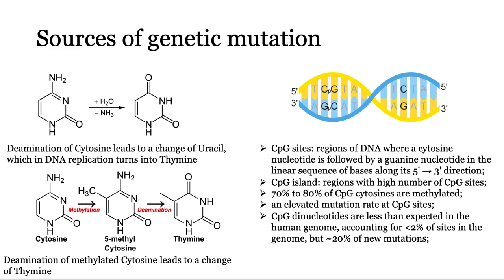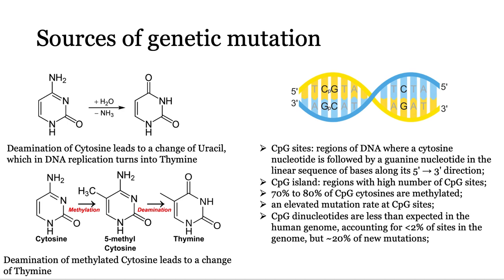CpG site, when we look at the genome, if the composition of nucleotide is random, like at any position it could be A, T, C, or G, we expect that CG, that kind of combination, is going to happen about 4%, a specific percentage. But that's the expectation. But if we look at the real genome sequence, CpG sites are actually less than expected.